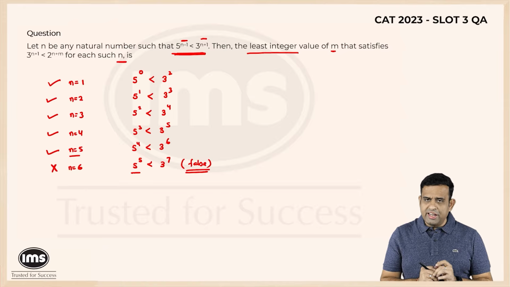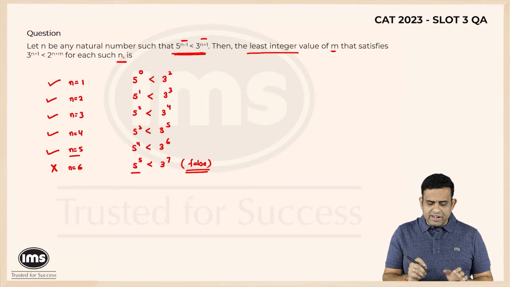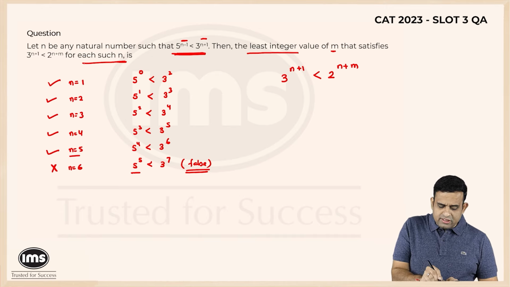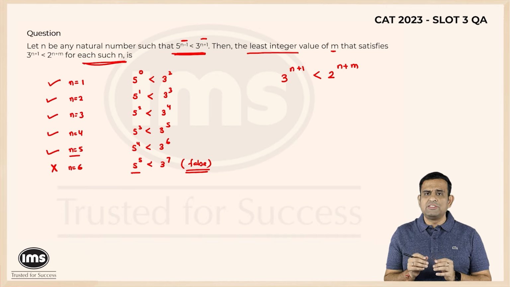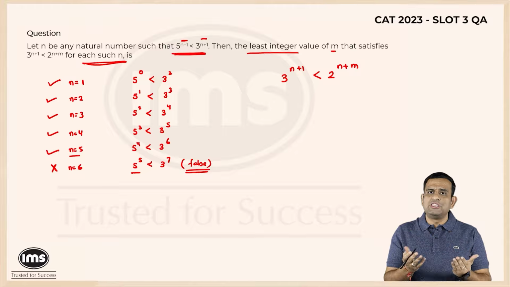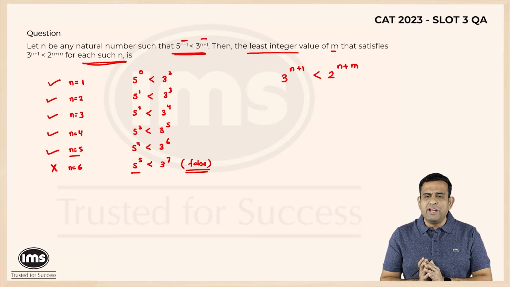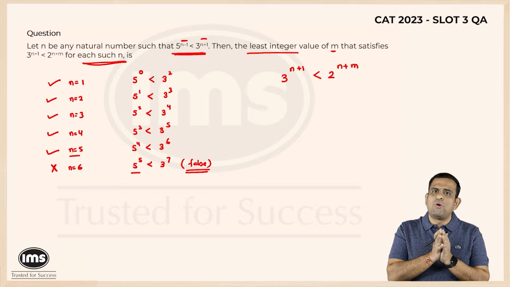So in this particular case, if I need to find out the smallest integer value of m that satisfies this inequality, 3 power n plus 1 is less than 2 power n plus m for each such n, it should satisfy for the largest value of n as well. If it satisfies for the largest value of n, it will also satisfy for the smaller values of n.